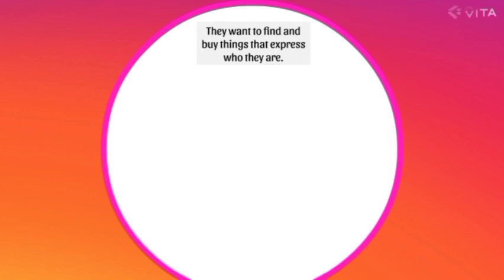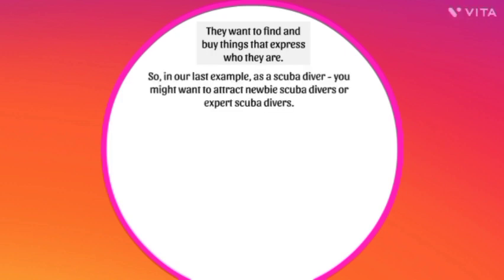Same kind of concept here. They want to find and buy things that express who they are. So if you can help them do that via the lifestyle, via the brand, then you're going to be able to close a lot of sales on Instagram.